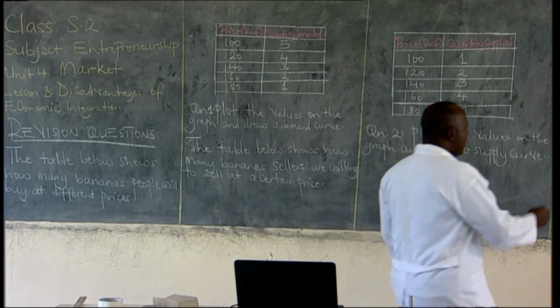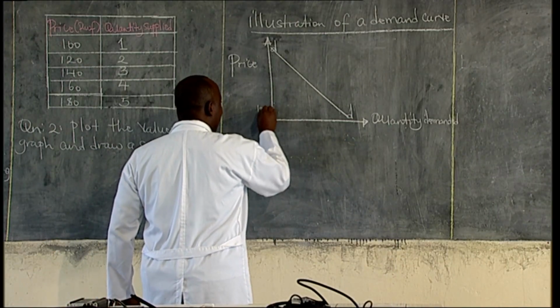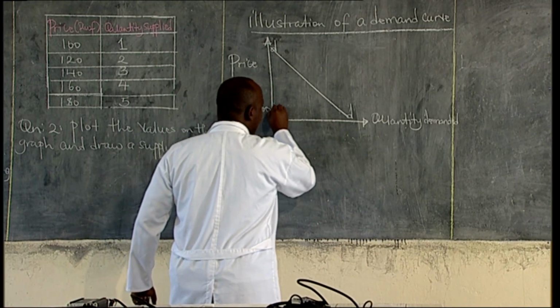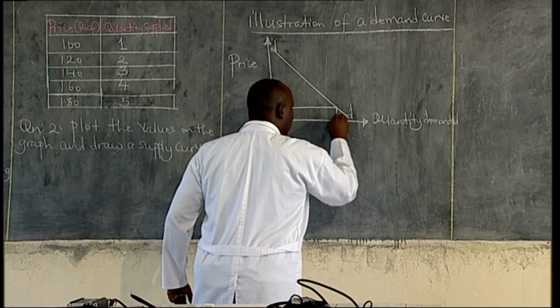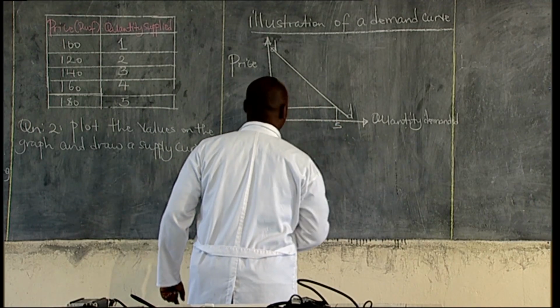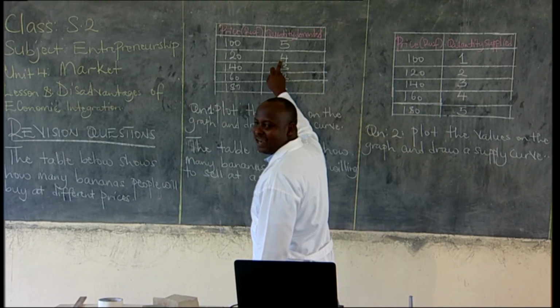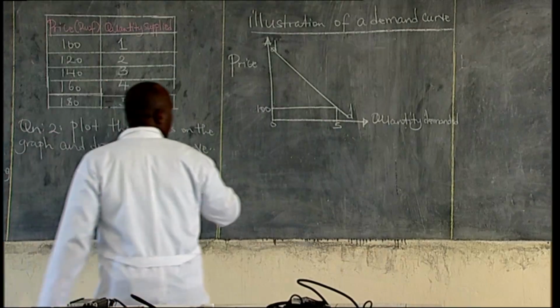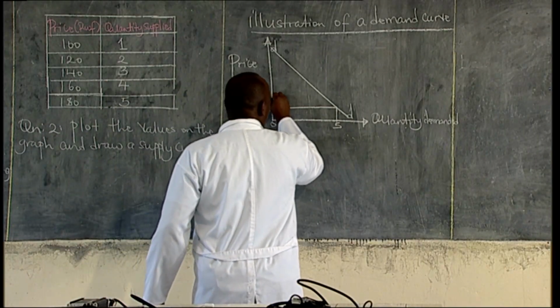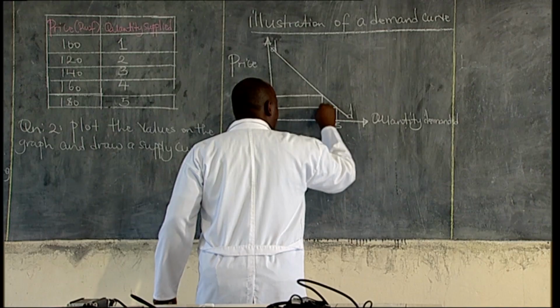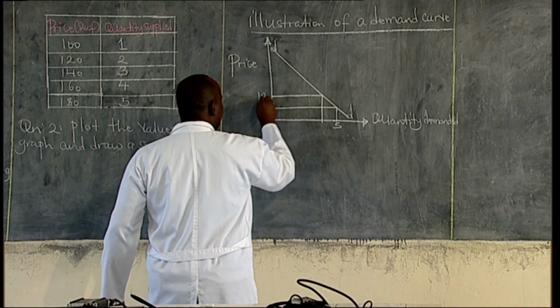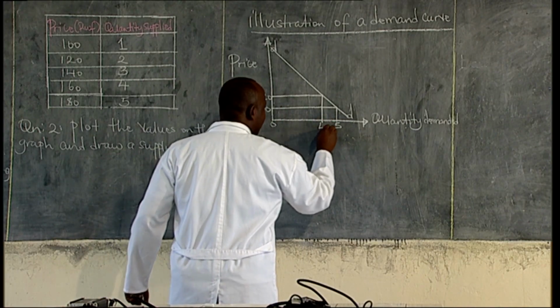Now, on 100, the quantity demanded is 5. Then, on 120, the quantity demanded is 4.